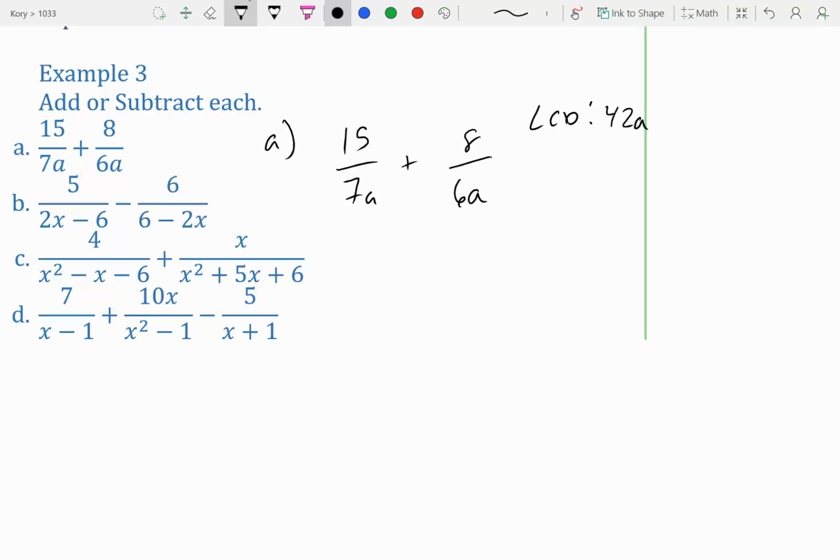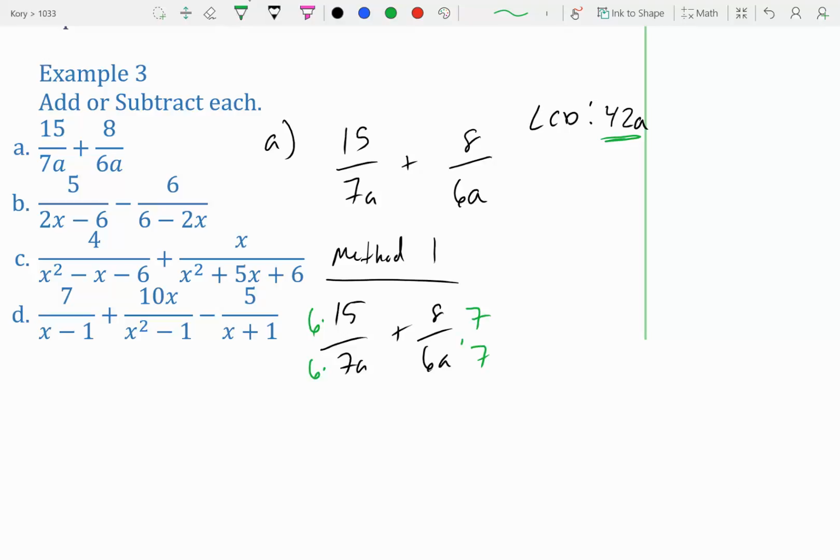So this is method 1. This is the way we're used to seeing it. This is how we usually treat fractions. So we have 15 over 7a plus 8 over 6a. Now, we need it to look like 42a. So in order for it to look like 42a, this needs to multiply by 6, and this needs to be multiplied by 7.